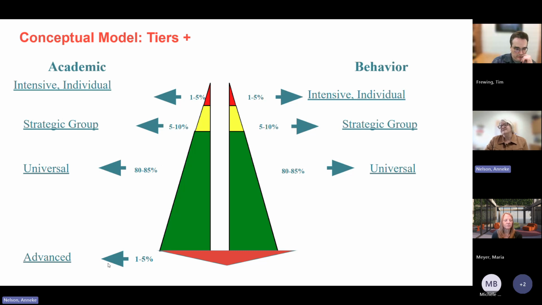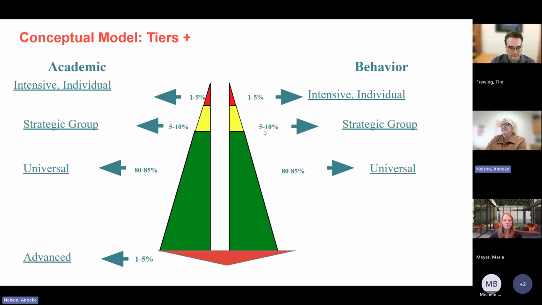What I liked about this triangle is that it adds an extension tier for students who are advanced, about 1 to 5% of students. Then 80 to 85% of students should be in tier one, where universal instruction and behavior interventions are working.